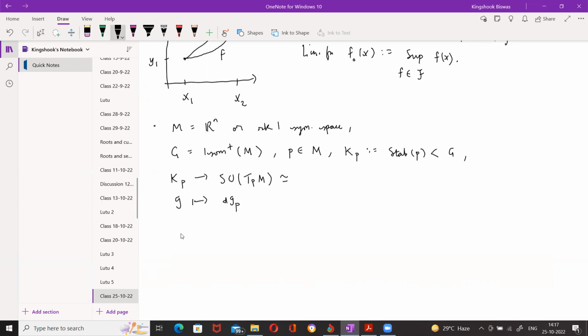If this derivative at P is equal to identity, then G is going to fix every tangent vector at P, and therefore it's going to fix every geodesic starting from P, because the initial tangent vector is fixed. Given this initial tangent vector, there is a unique geodesic with this initial condition.